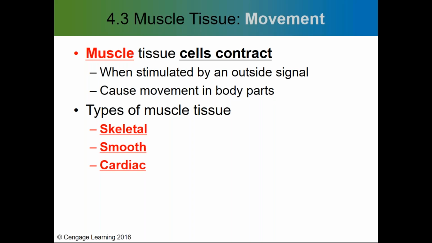I can't tell my stomach, hey, you need to start working. Although sometimes we wish we could, right? The cardiac muscle, that's also involuntary. I can't control it, but know that our cardiac muscle, our heart, is doing its job, and that's important.